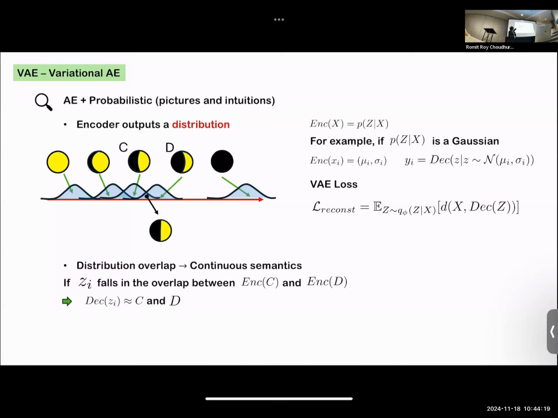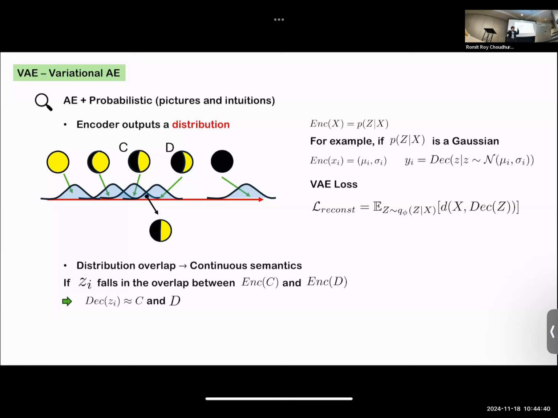Because permutation says you have to order your images in the latent space, right? So if you put the black moon distribution next to your full moon, when they overlap, the decoder will have a hard time dealing with that because it has two very different images.